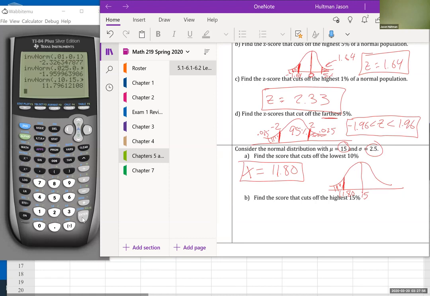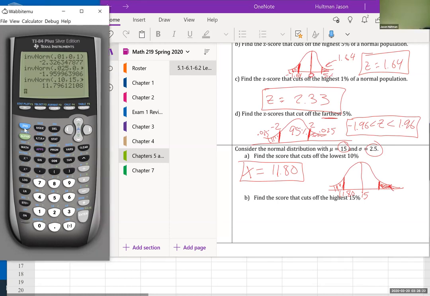Find the score that cuts off the highest 15% now. So how can we do highest 15%? Well, I'm going to do the lowest 15% and just convert it. I'll show you how to convert that in a second.